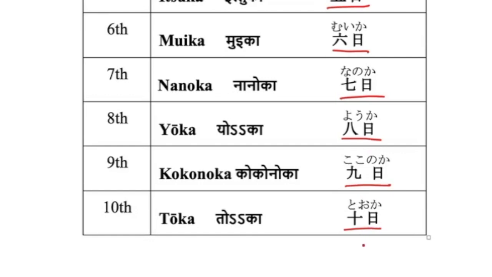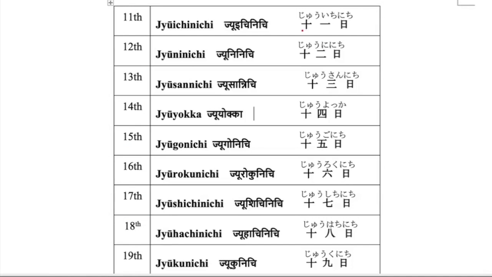So for 1 to 10, the reading is different, but from 11 onwards, it follows the rule. The 11th day of the month is Ju Ichi Nichi. This is Ju, 10, then this is Ichi. So 10 plus 1 is 11, then Nichi means day. So Ju Ichi Nichi. The 12th is also simple: Ju Ni Nichi. The 13th is Ju San Nichi. The 14th day of the month, the reading is an exception.